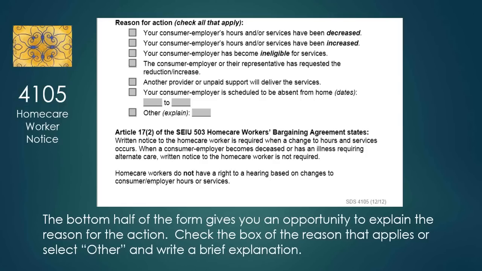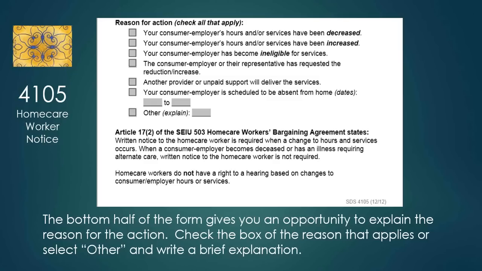But what I wanted to point out really was the Article 17.2 of the Union Bargaining Agreement. And so this form specifically states that the bargaining agreement requires written notice to the home care worker, and this form, 4105, serves as that written notice.